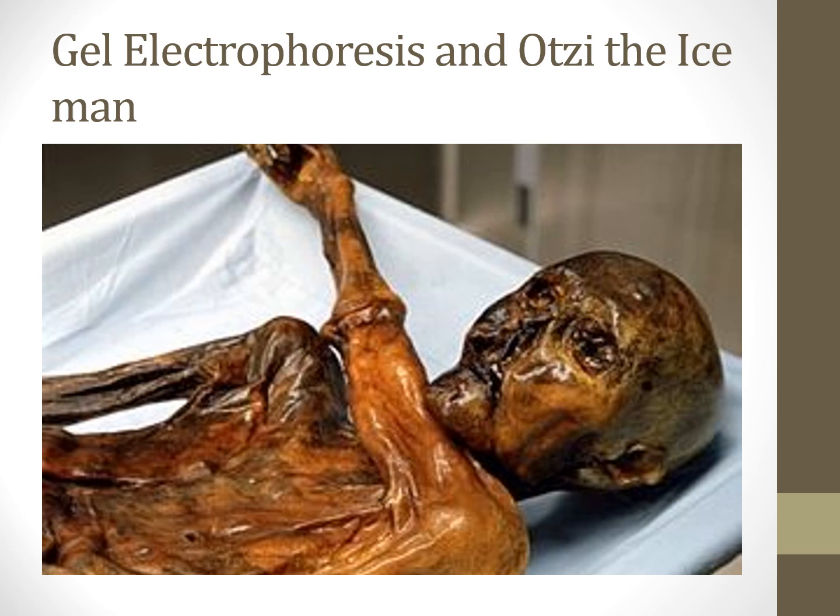So we would extract a very small sample of DNA and then use PCR to amplify that DNA and make multiple copies so that we can then analyse it. And then we use gel electrophoresis to compare Otzi's DNA to that of modern humans. So they asked people around the world to actually donate a DNA sample to compare to Otzi to see if Otzi actually had any living relatives alive today.